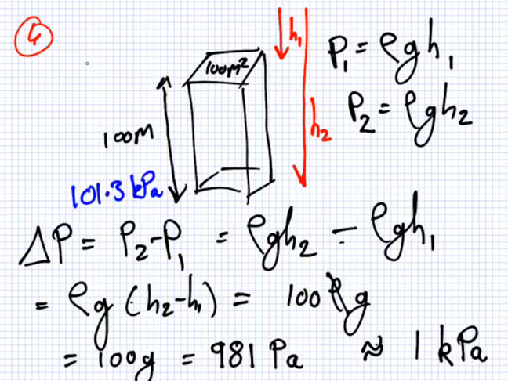A building is 100 meters tall with a 10 by 10 base. Take the density of air to be 1 kilogram per meter cubed. What is the difference in air pressure between the ground floor and the top floor?